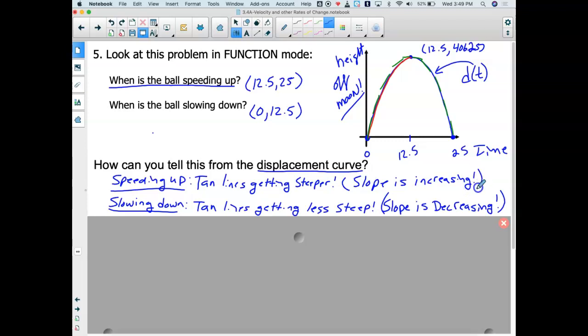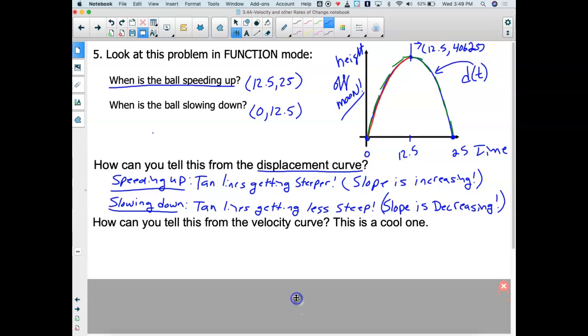The slope of the tangent lines. The slope of those green lines from that to the right are increasing. They're getting steeper. The steeper the tangent line, the steeper the slope. Therefore, it is increasing.